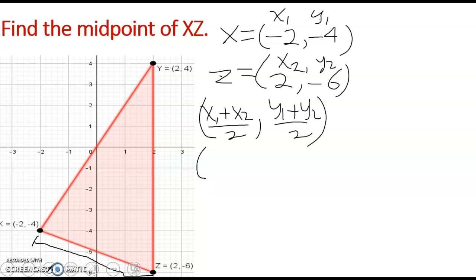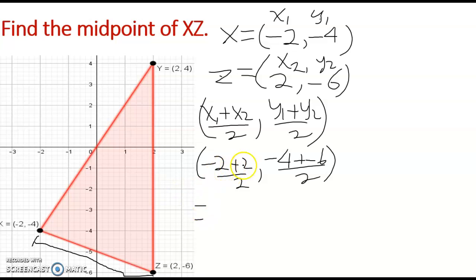So our x1 is -2, our x2 is 2. We have -2 plus 2 over 2. And then our y1 is -4, our y2 is -6. -4 plus -6 over 2. So simplify: -2 plus 2 is 0, 0 over 2.